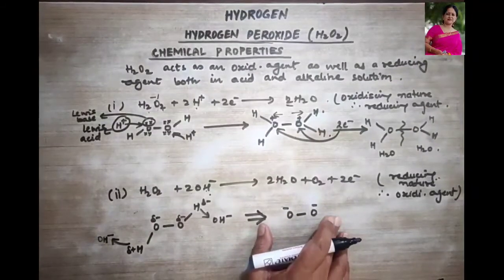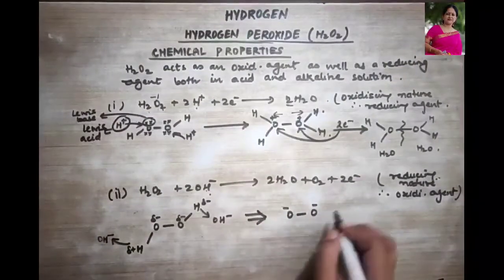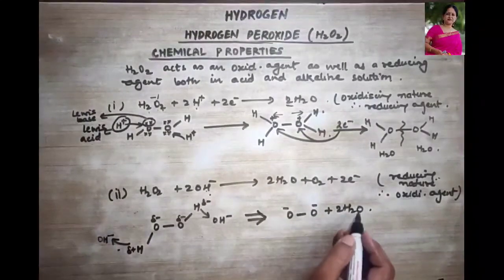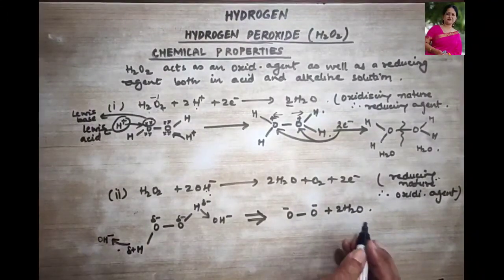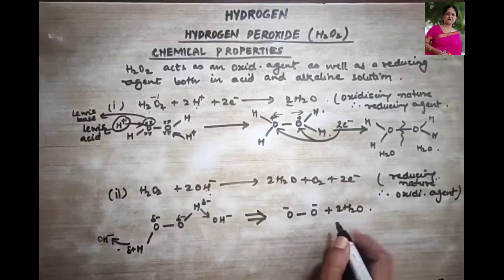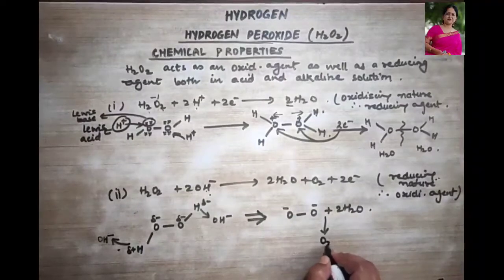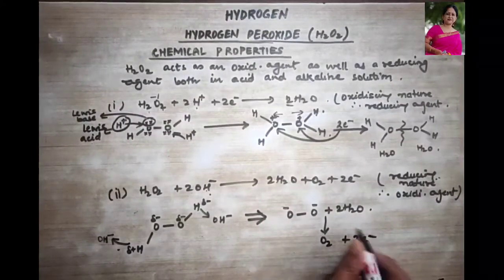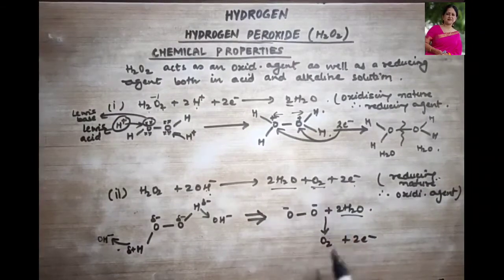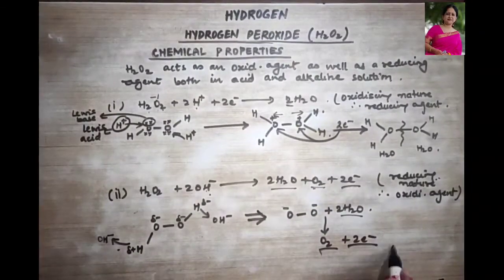It is going to lose electrons. Over here, let me write down 2H2O will be formed, and then what did I tell you? That it is readily going to lose 2 electrons, and oxygen and 2 electrons will be formed. So this water is formed over here, oxygen is formed over here, 2 electrons are formed over here.